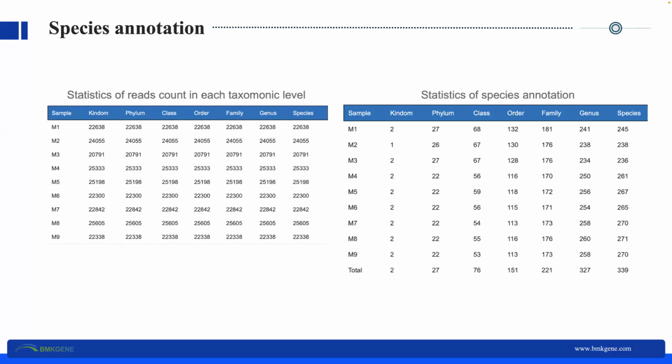Taxonomic annotation of feature sequences was processed by a Bayes classifier using Silva as the reference database. We can get statistics of read counts at each taxonomic level, and statistics of species annotation by this approach.